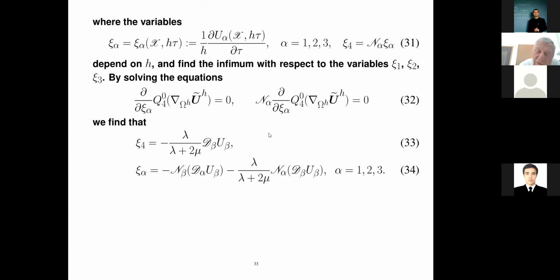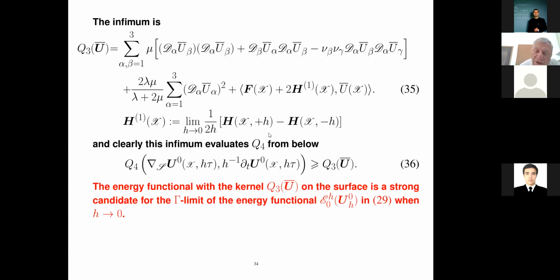Now we are looking for the minimization of our problem. For these minimization problems, we will get these equations here and find out that the infimum of our sequence of energy functionals is this one.